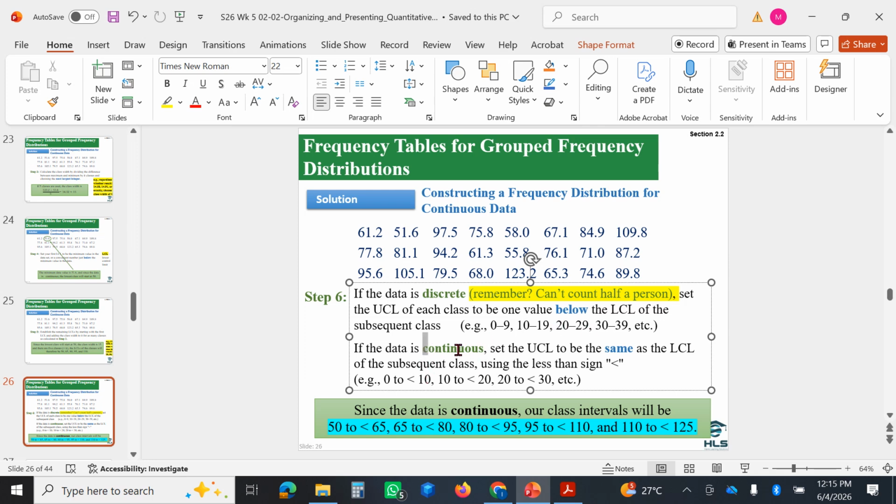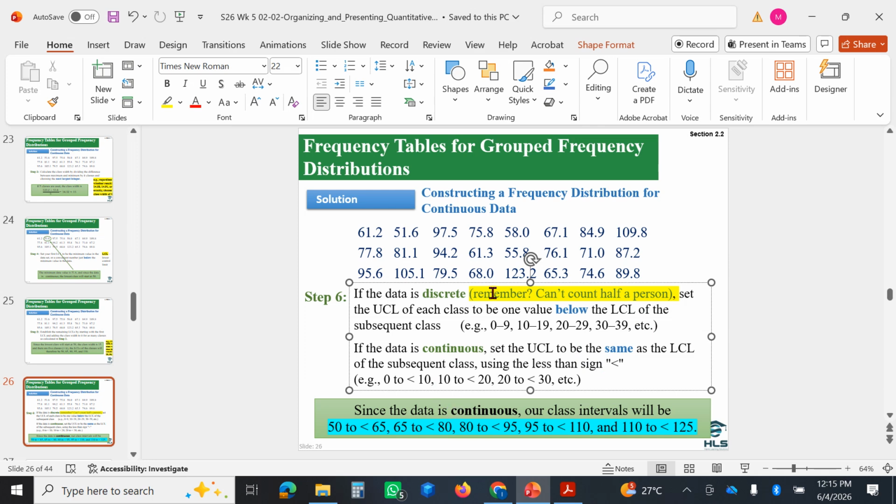But if the data is continuous, if we're measuring and we can count 0.75 meters, then you have to use the less than sign. You have to use this guy here. All right, and we'll show you. If the data is continuous, you set the UCL to the same as the LCL of the next class. It's just you use this less than sign.